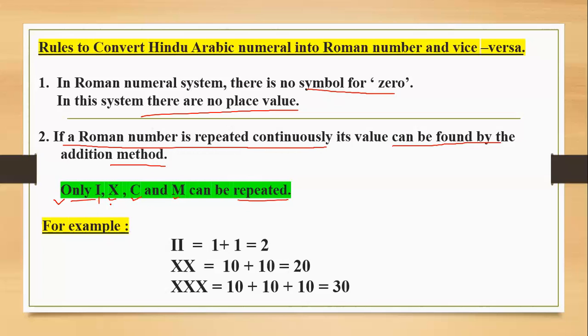I is representing 1, X is representing 10, C is representing 100, and M is representing 1000. It means that the one's numbers can be repeated. Right? I, X, C, M can be repeated out of the 7 symbols. Let's see an example.